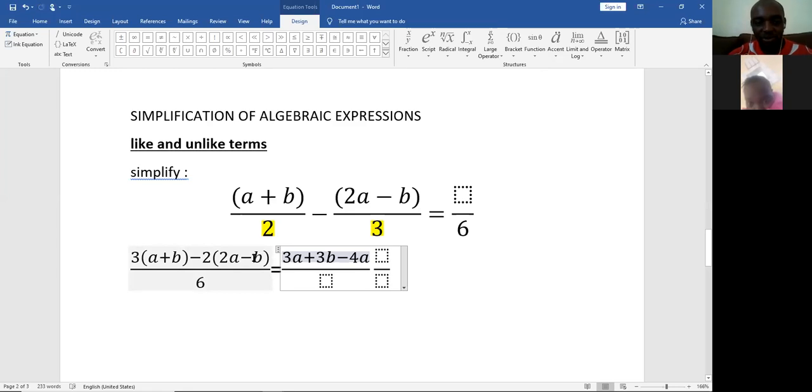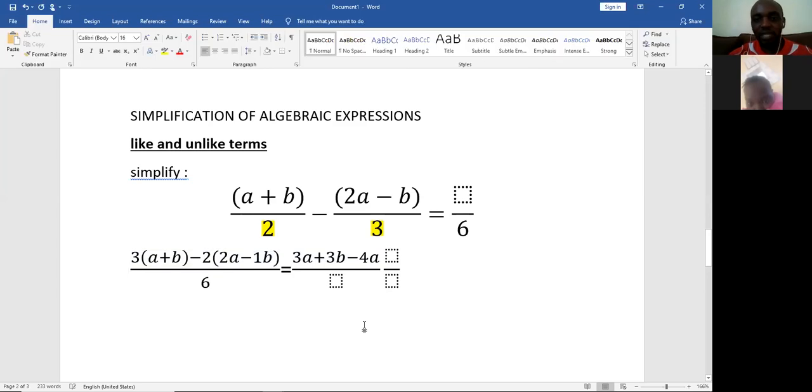Negative b here, if you see negative b, it is negative 1b. So let us see, when you multiply negative 2 times negative 1, what we get here?